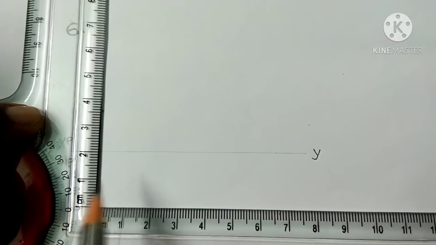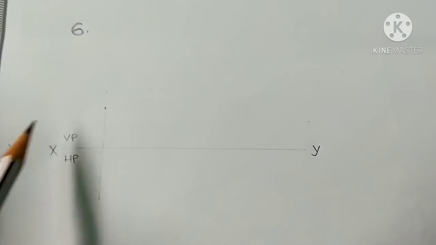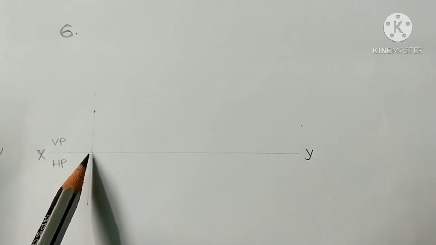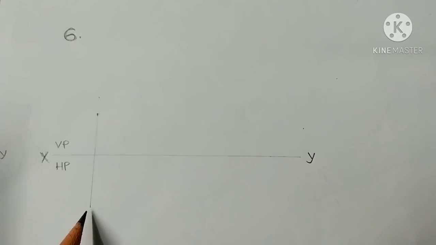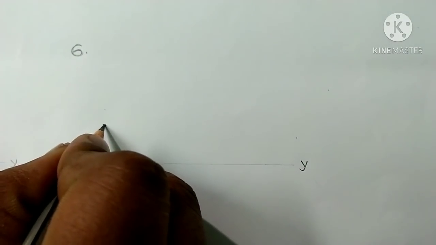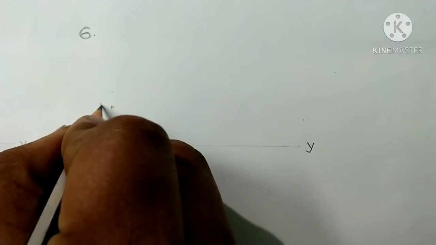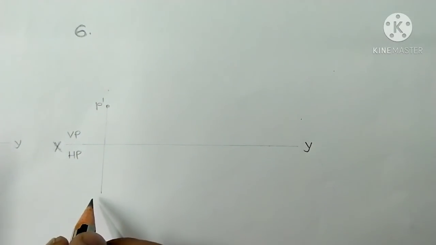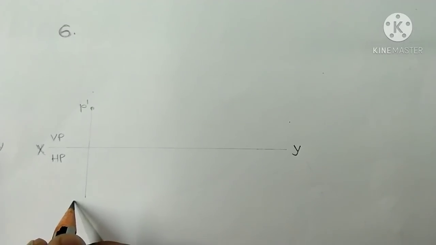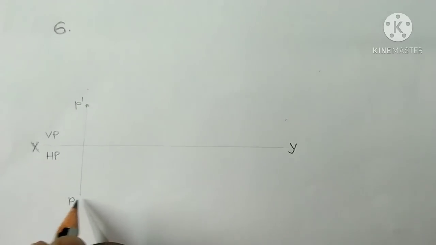I hope you got my point. Initially I marked this point, then projected it onto the reference line, then extended the same projector 20 mm below the reference line, because in the given data the lower end is 15 mm above the HP and 20 mm in front of the VP. That is why we got the points in this way.